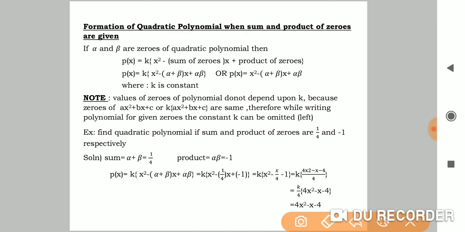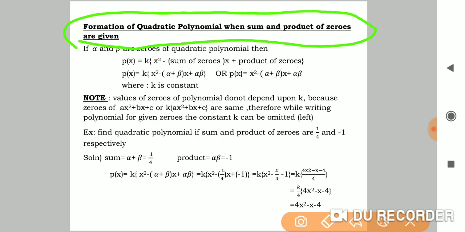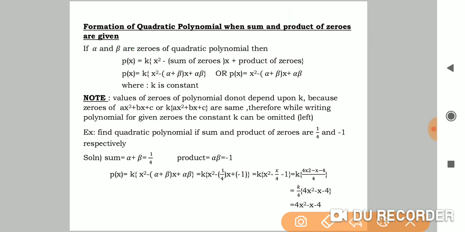The last part of this video is the formation of a quadratic polynomial when the sum and the product of the zeros are given. Suppose alpha and beta are the zeros of a quadratic polynomial, then the quadratic polynomial can be formed in this way: p of x is equal to constant k into bracket x square minus sum of the zeros into x plus product of the zeros.